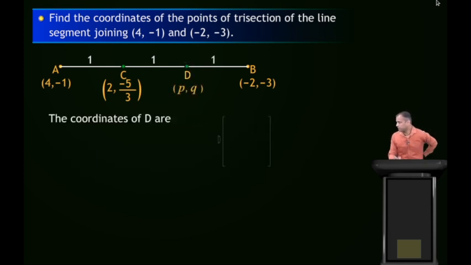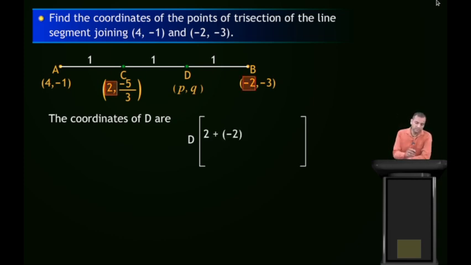Now again for point D, what are the coordinates of D? So for the coordinates of D, you will take the ratio from here to here and from here to here. So this is equal to 2 and this is equal to 1.